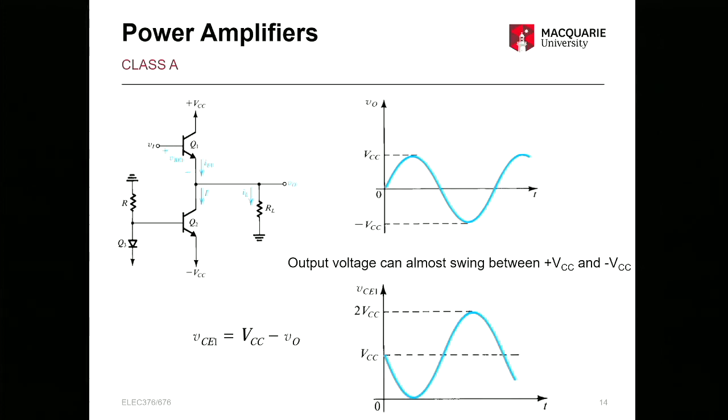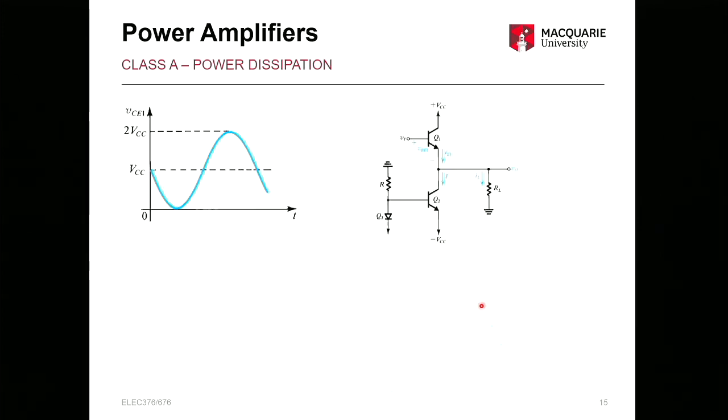If we plot that, knowing that our Vout can vary in accordance with this graph, we see that our VCE1 can go from 0 to 2 VCC, the full width of the supply rails, again assuming the saturation voltage is 0.